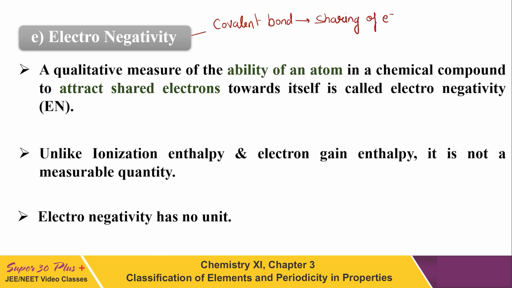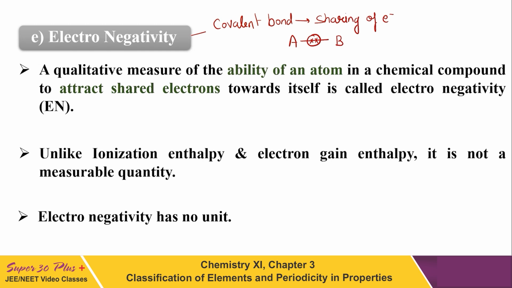In a very simple example, take two hypothetical atoms, A and B, with two electrons shared by A and B. One electron belongs to A, one belongs to B, and now it is shared. So this shared pair belongs to both atoms, A and B.